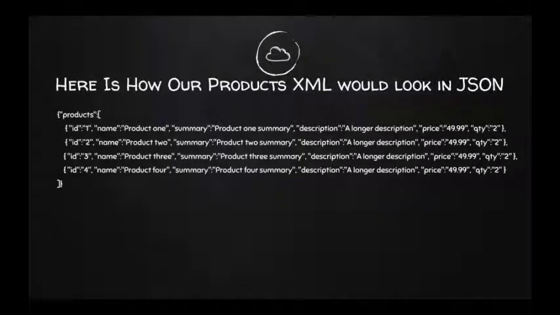So if we go back and we use our fixed width format to get our product descriptions, we have our ID, we have our names, our summary, our descriptions, and our price. This kind of looks like a CSV file, except it's not, because you have the key value pairs in every single record, in every single row for the product.